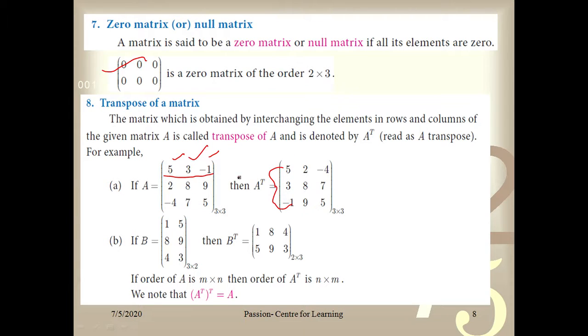The first row becomes the first column, the second row becomes the second column, the third row becomes the third column. So rows and columns are interchanged. That is called the transpose of that matrix, and it is represented as A transpose.